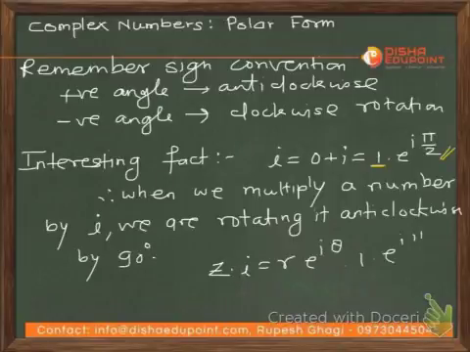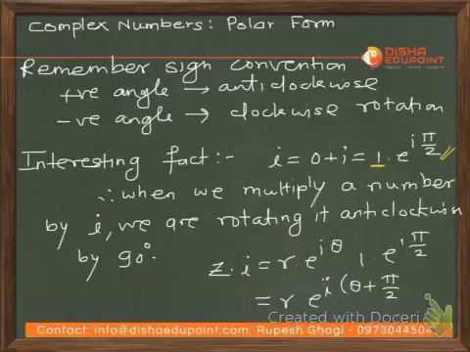So Z into i is equal to R e to the power i theta into 1 into e to the power i pi by 2. So the resultant is R into e to the power i (theta plus pi by 2). We have a new number with the same modulus, but the angle is changed by 90 degrees in the anti-clockwise direction. Similarly, if we multiply by minus i, it will be a rotation by 90 degrees in a clockwise direction.